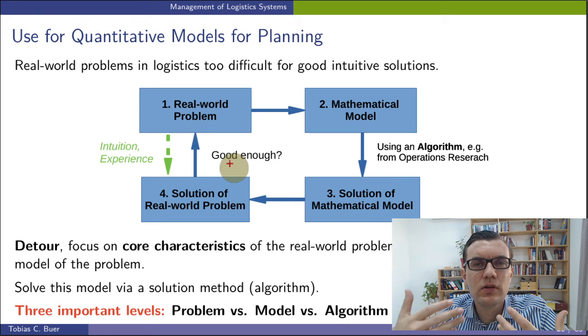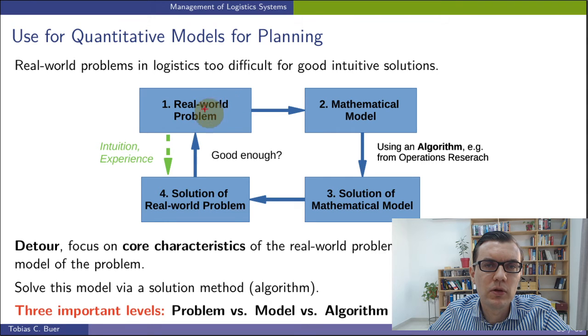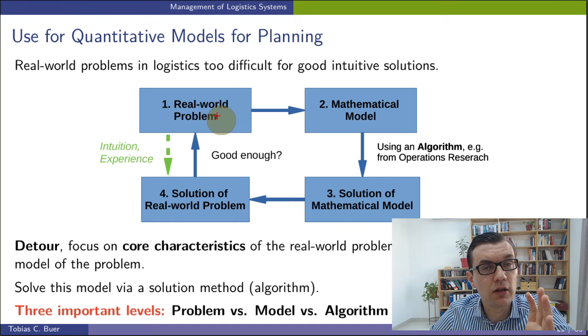If you think no, this solution is not good enough, I need to improve this solution, then maybe you need to repeat these 4 steps again. Maybe you need to look at the real-world problem from other points of view. Maybe you need to emphasize other characteristics more strongly.